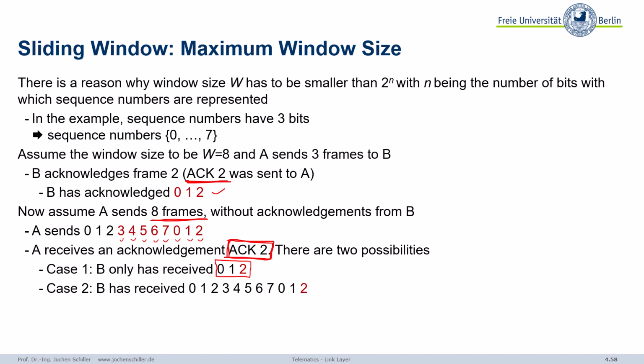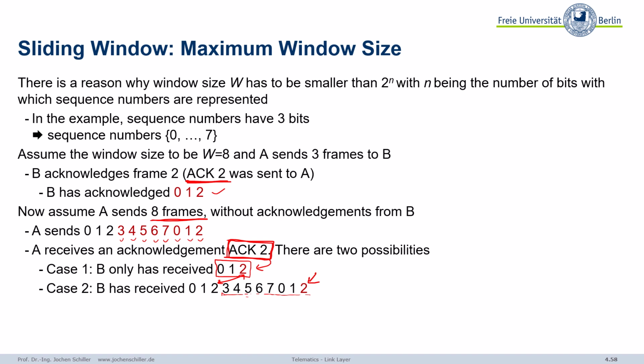Okay, but this could mean that I only got 0, 1, 2, but it could also be that I received all these new 8 packets, 3, 4, 5, 6, and so on, and I acknowledge this 2. So either this first 2 or this second 2.